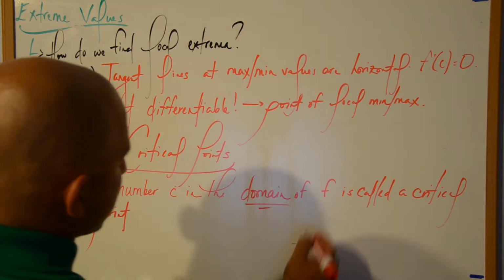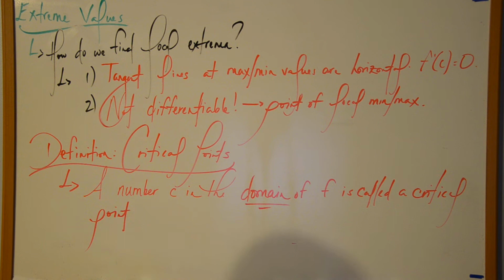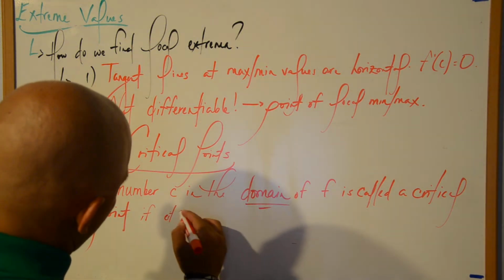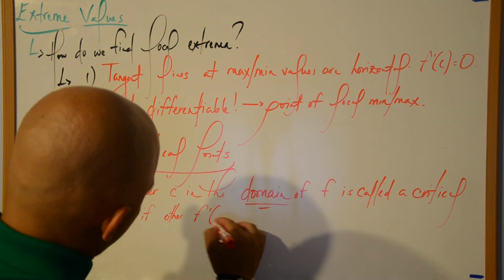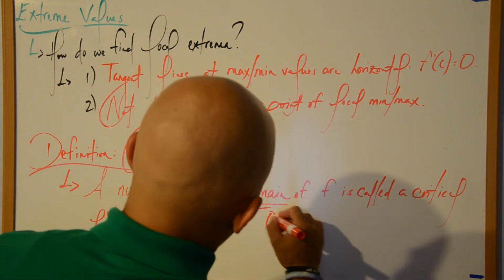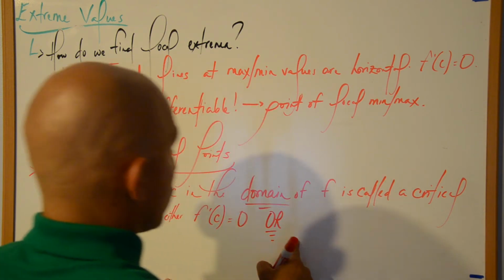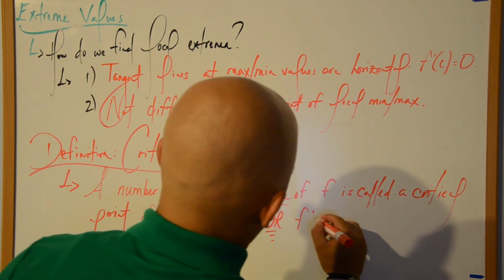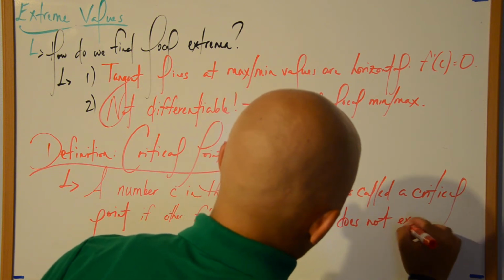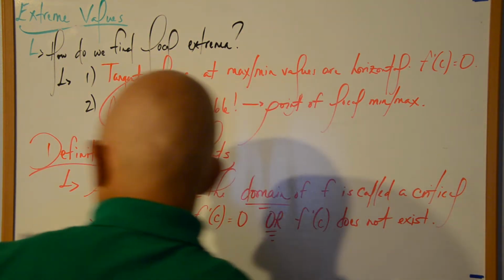Okay, remember, domain is a set of x values that makes that function defined. If either f prime of c equals 0, or this is a huge one, f prime of c does not exist.